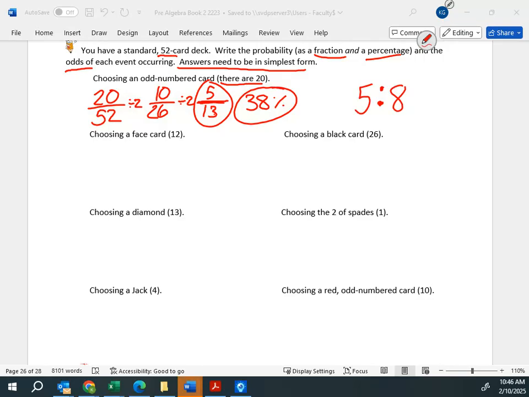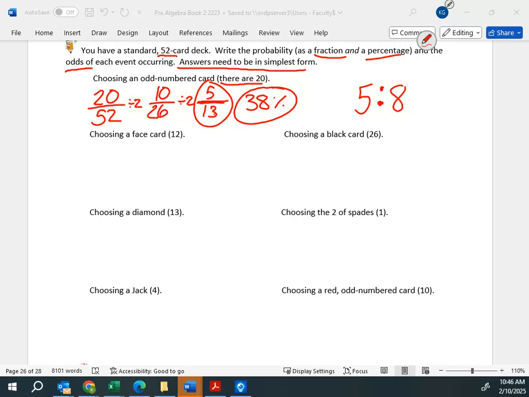I took the 13 and then subtracted 5 from it. So if we have 5 successful events, then that means that would be 13 total events. So total events minus our successful gives us the unsuccessful.